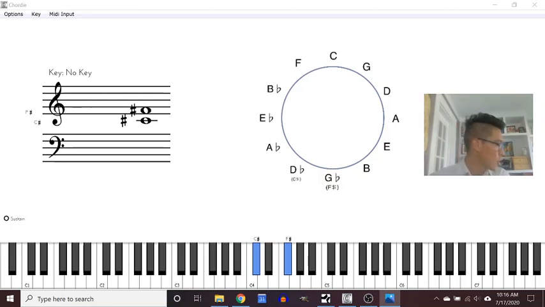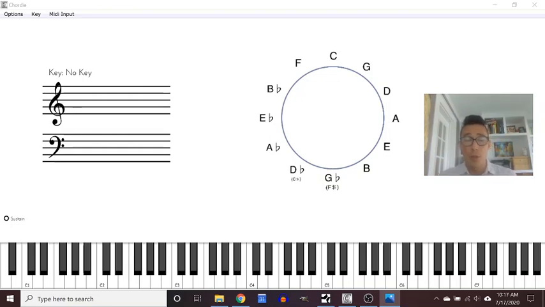If we keep going around, G flat to B, B to E, E to A, to D, D to G, and finally G to C. Now when you play through this progression, it's got a particular sound. And that's what we'd call the line of fourths or the fourths progression.